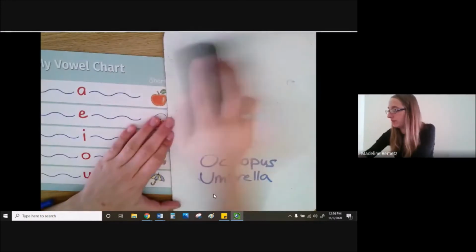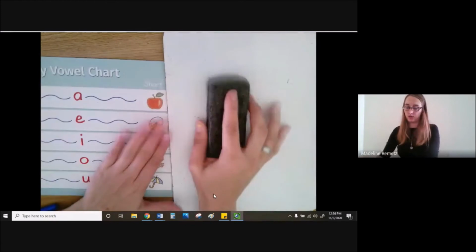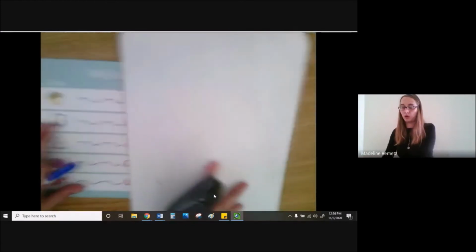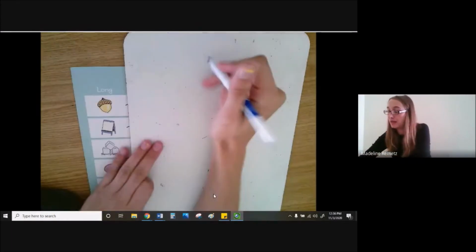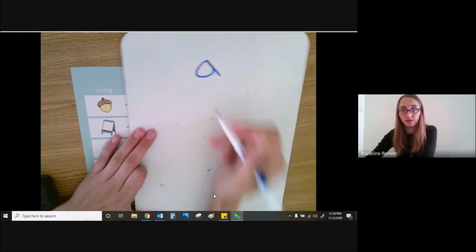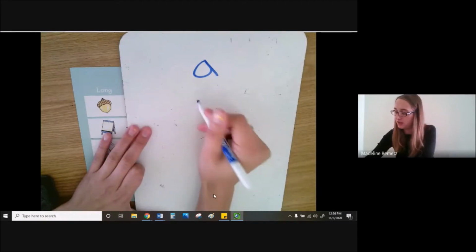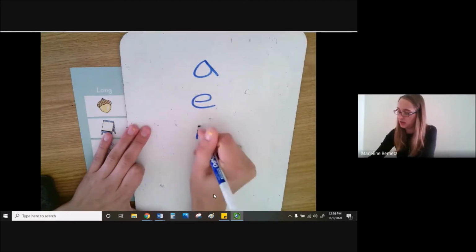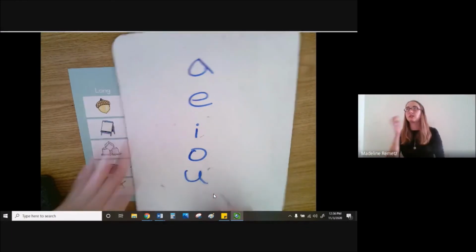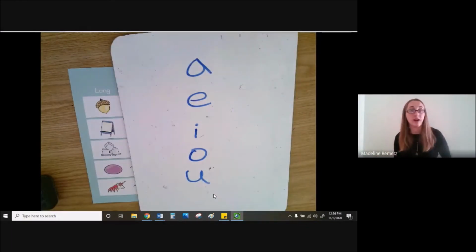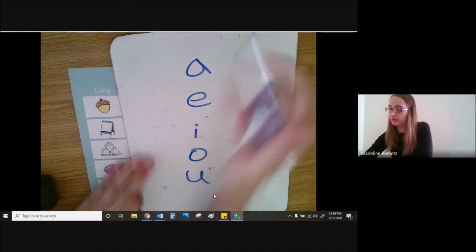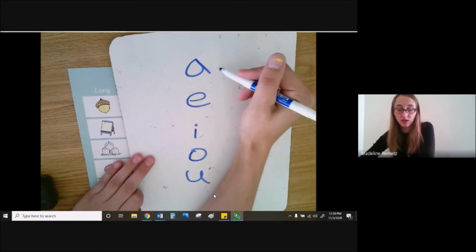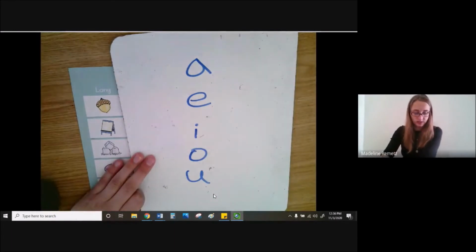So we know that our vowels are A, E, I, O, U. If you're looking at your word wall or your alphabet poster, there's so many words you can use or make using the short vowel sounds. So we have A, E, I, O, U. Think to yourself of a short vowel sound with the letter A in it. Well, I know that maybe if it's at the beginning, it would be that short sound.